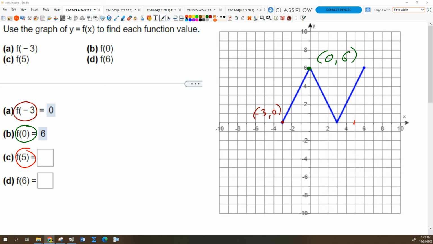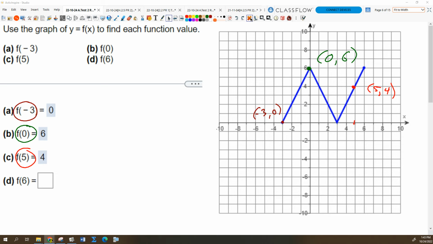Because look, there's x equals 5. So if I go up to that point, that's the ordered pair with an x value of 5 and a y value of 4, right? Okay, so 4. And how about the last one here?